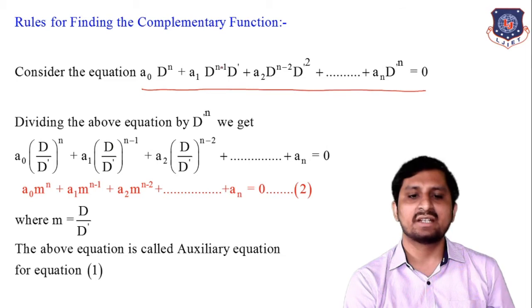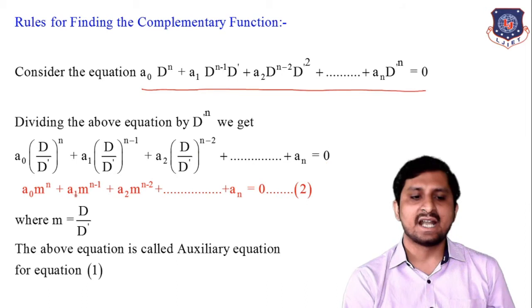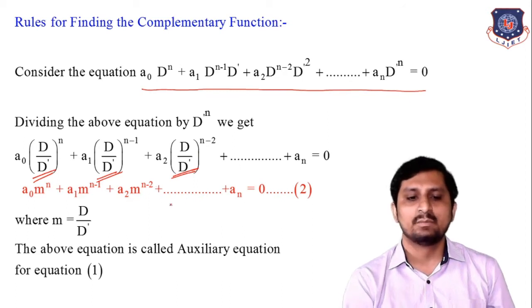Here we have D raised to n minus 1 upon d dash raised to n, so one d dash will be cancelled out, so we get D upon d dash raised to n minus 1, plus a2 D by d dash raised to n minus 2, up to an, that is equal to 0. And now let's take D by d dash as small m, so that I will get a0 m raised to n plus a1 m raised to n minus 1 plus a2 m raised to n minus 2 plus up to an, that is equal to 0.